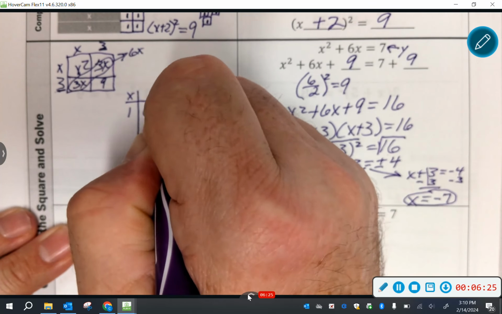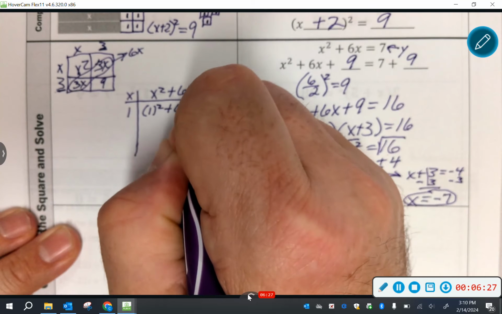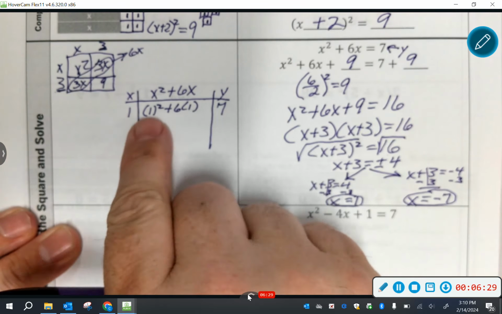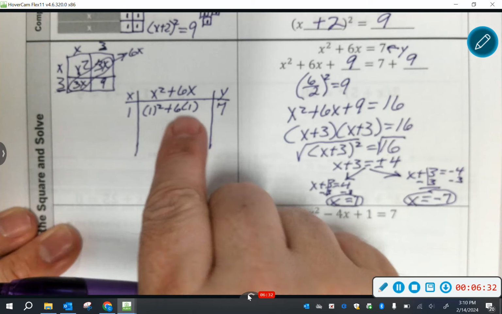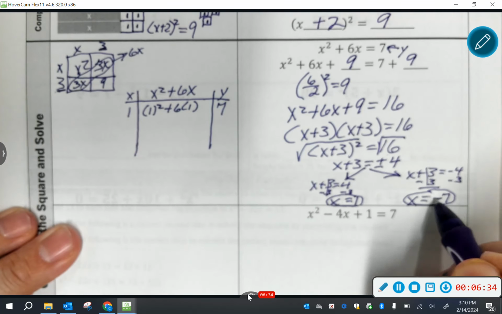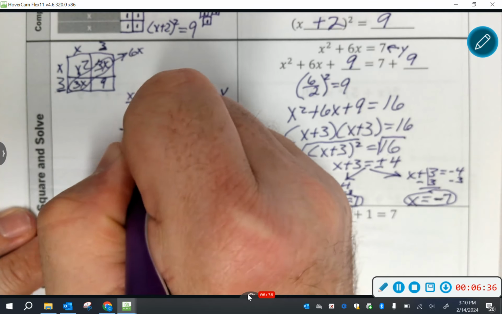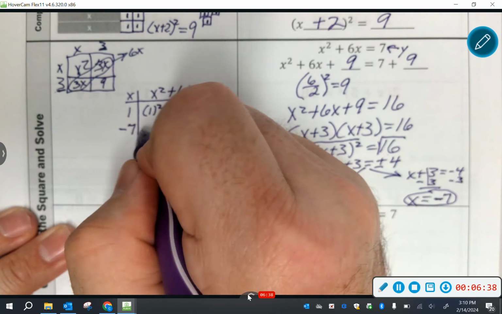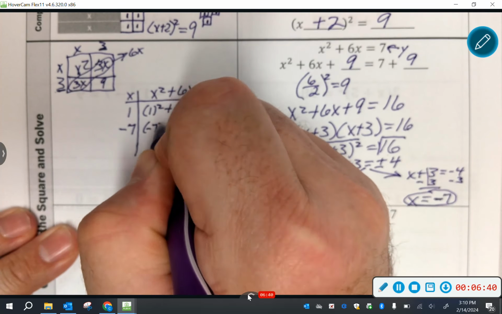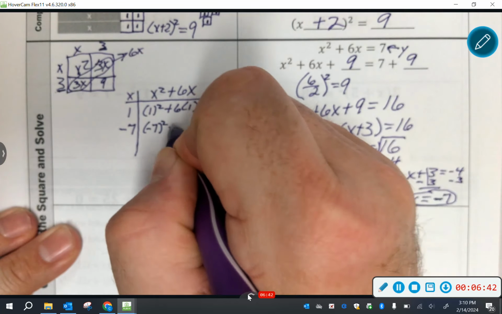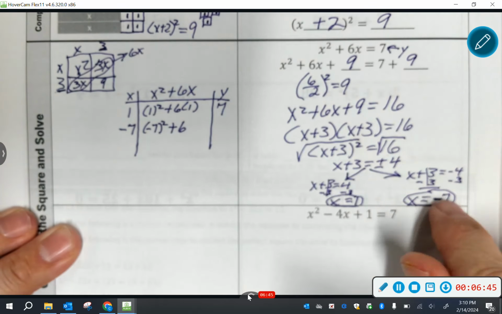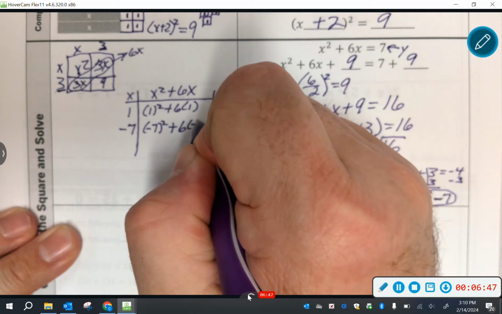And then look at this. 1 squared plus 6 times 1. 1 squared is 1 plus 6. That gives me 7. And then I'll do the same thing with negative 7. So I'm going to go negative 7 squared plus 6 times negative 7.